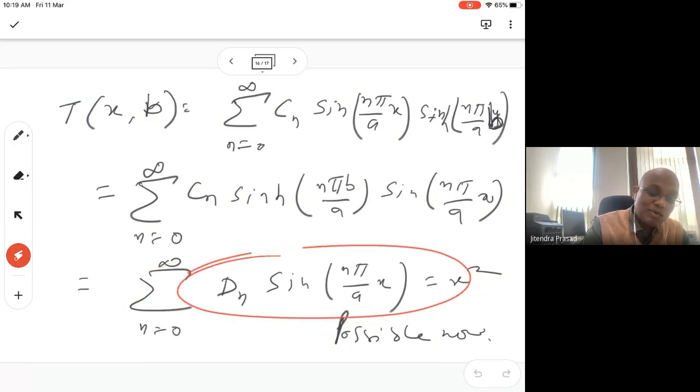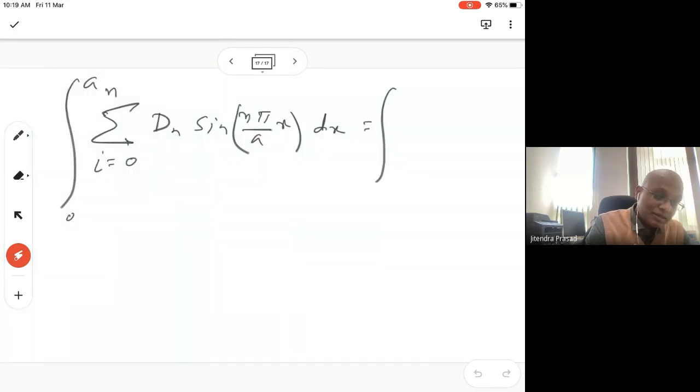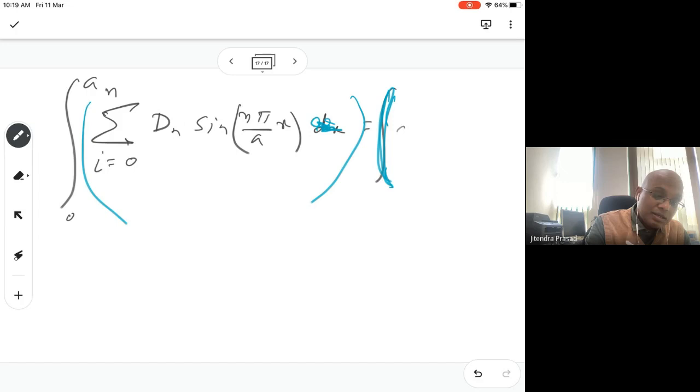So we multiplied by sine n pi over a x, same thing, dx.